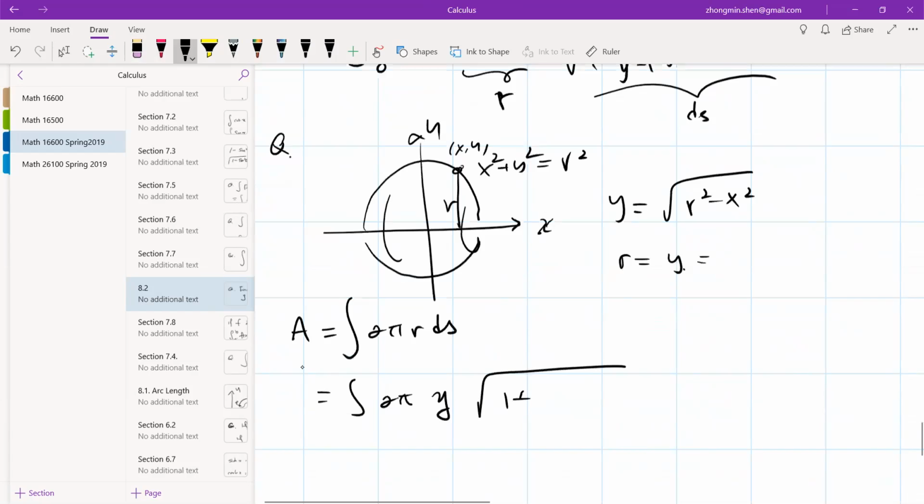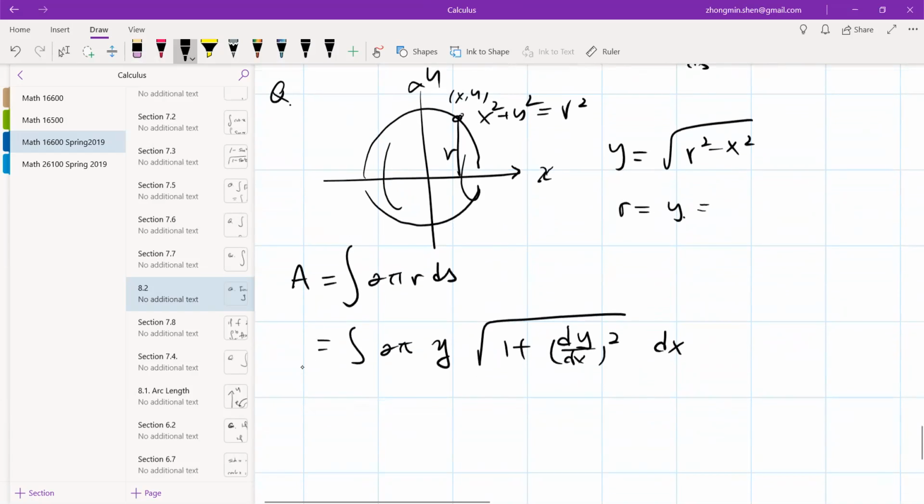And this will be dy/dx squared and dx. Okay? So x varies from negative r to positive r.